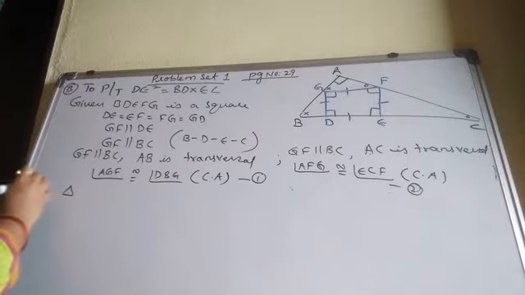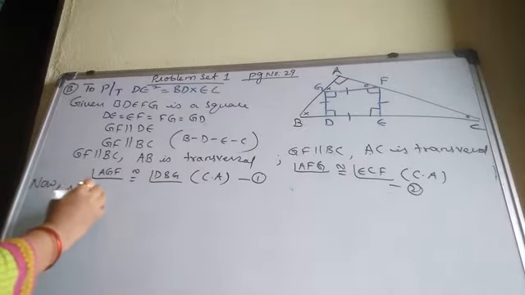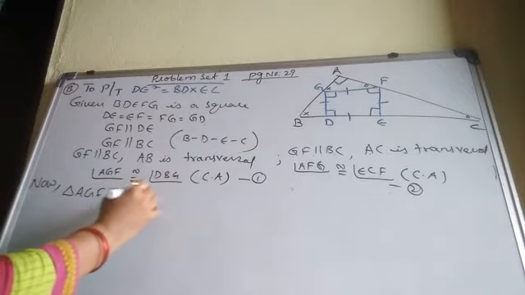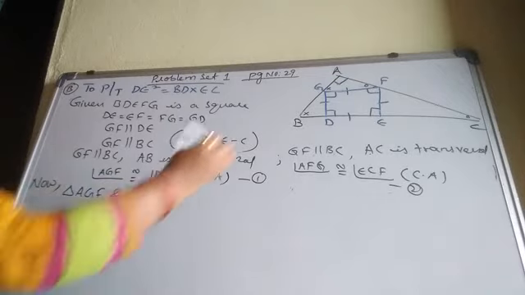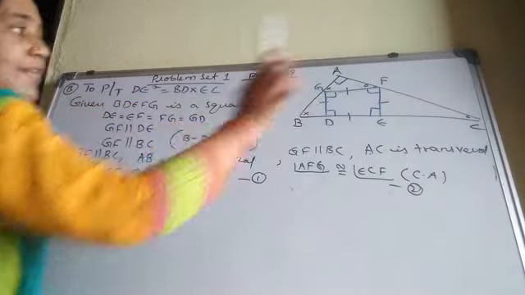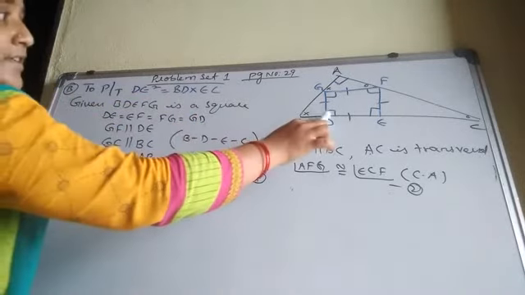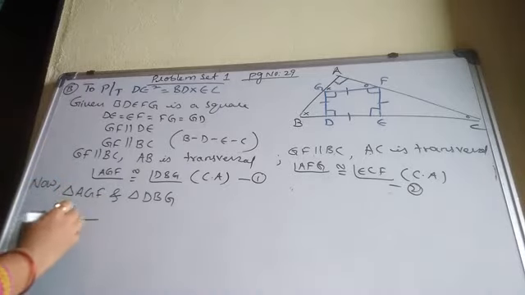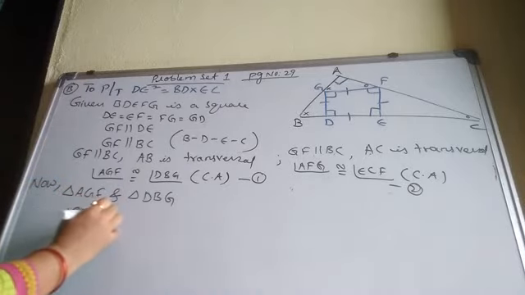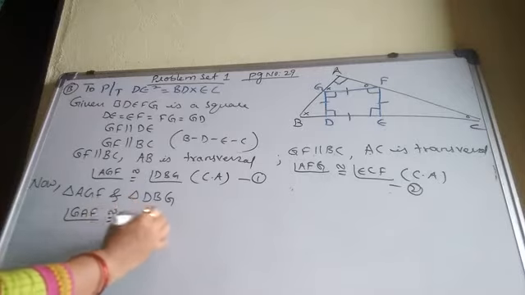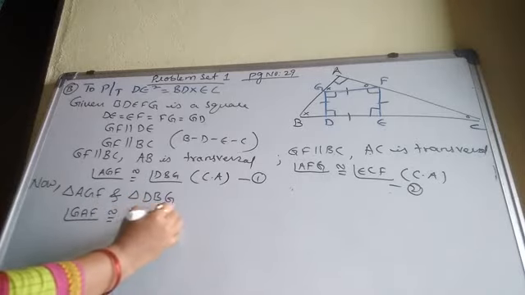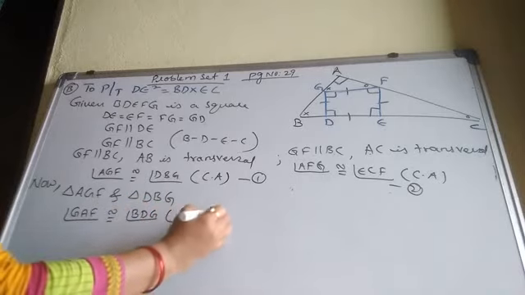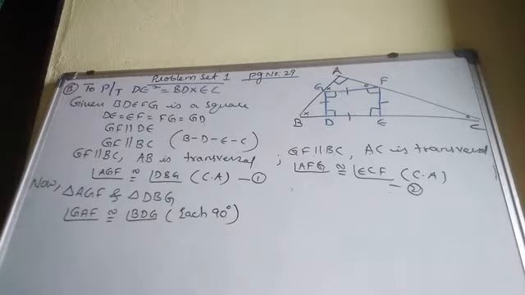Now triangle AGF and triangle DBG. First we will show angle GAF is congruent to angle BDG. Here each is 90 degrees.